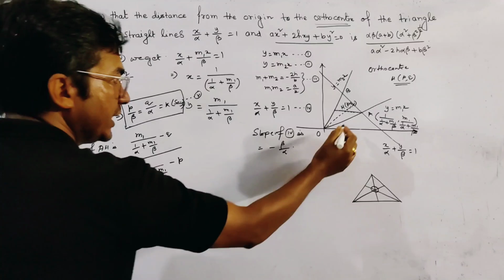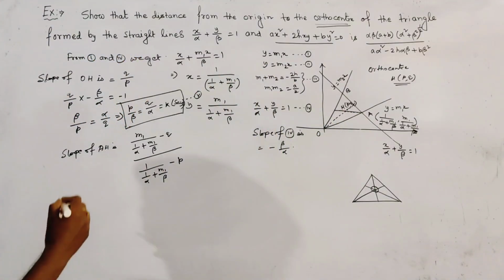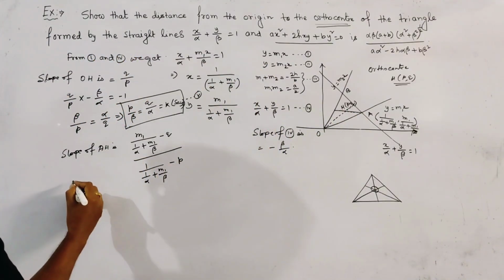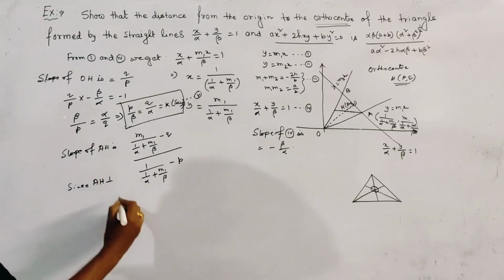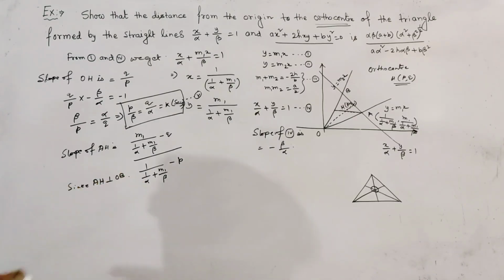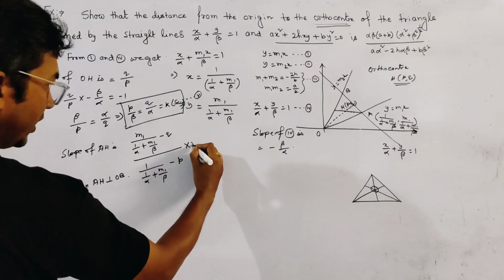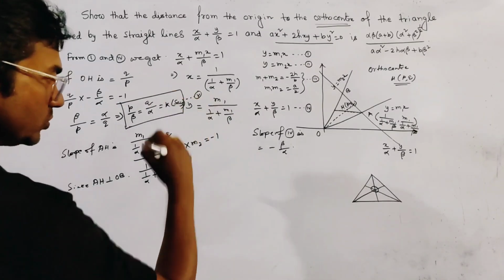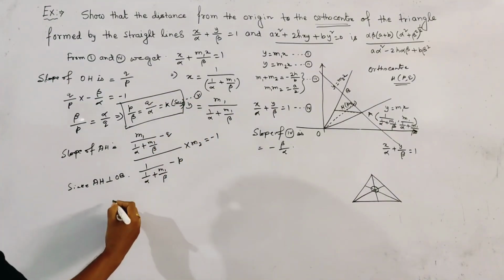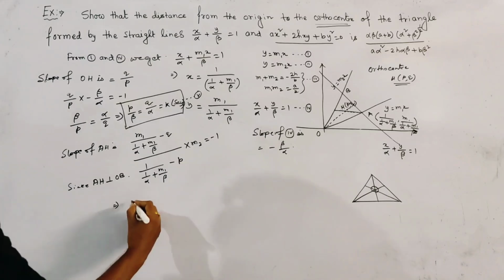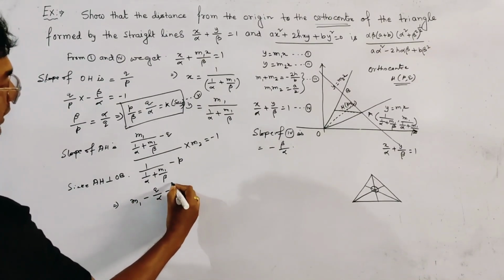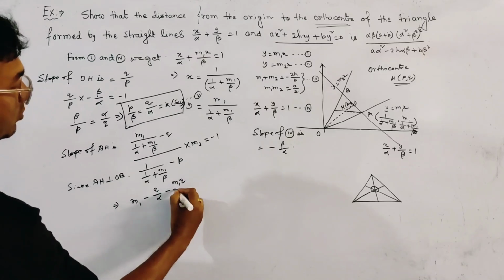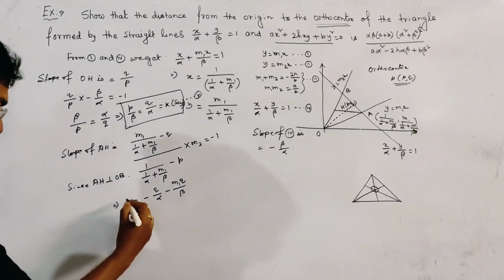This is the slope of the line AH. Since AH is perpendicular to OB, we multiply this by m2 and get -1. Calculating this result, we get (m1 - Q/alpha - m1Q/beta) times m2.